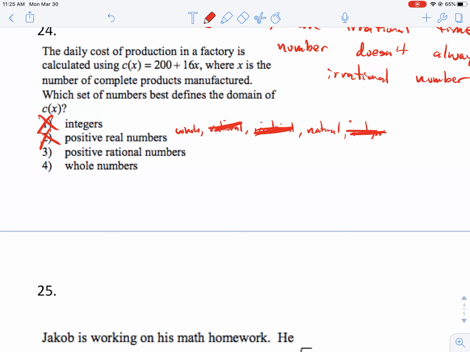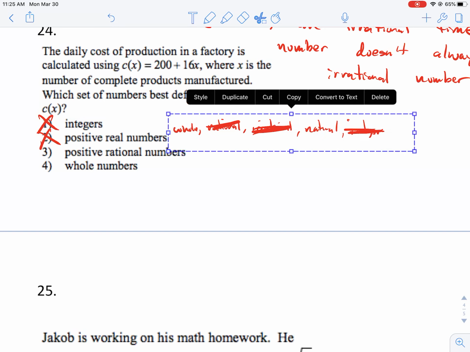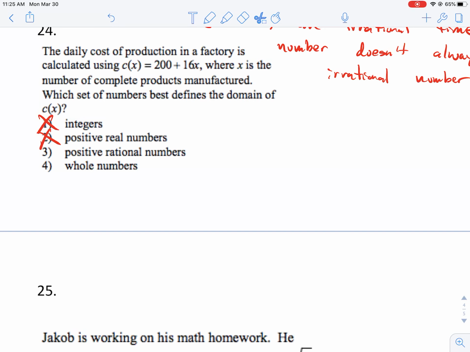We don't want irrational numbers. We don't want rationals. Okay, we don't want integers. Okay, well, we do want integers. All right, but we just want the positive ones. So when it says positive real numbers, it's including all of those, and we don't want the rational or irrational. So that means we're going to cross out the rational numbers as well, right?